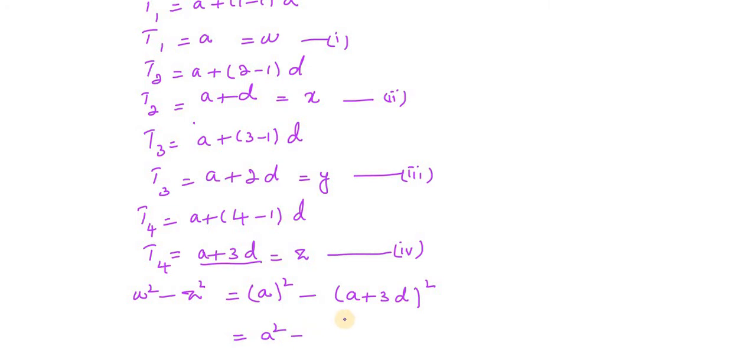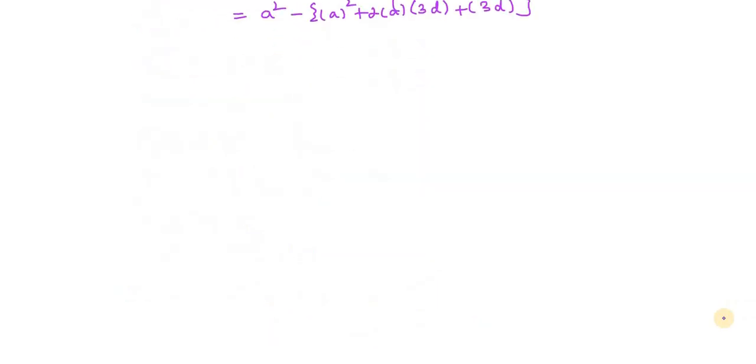Here we use (A plus B) whole square, which is A square plus 2AB plus B square. So here W square minus Z square is equal to A square minus A square minus 6AD minus 9D square.